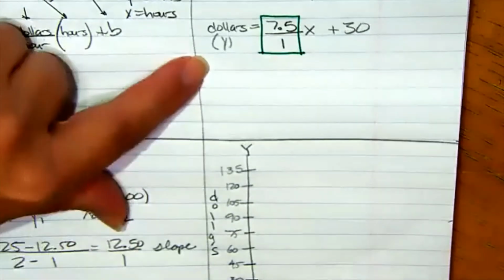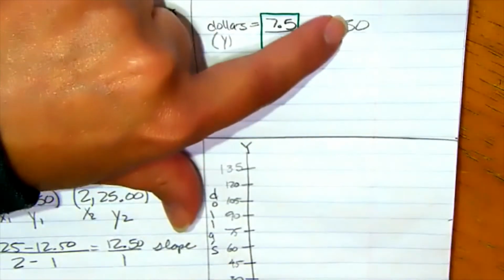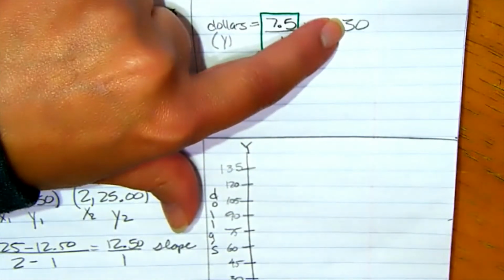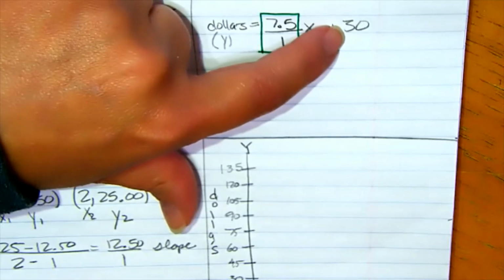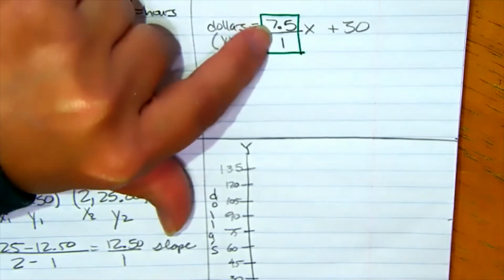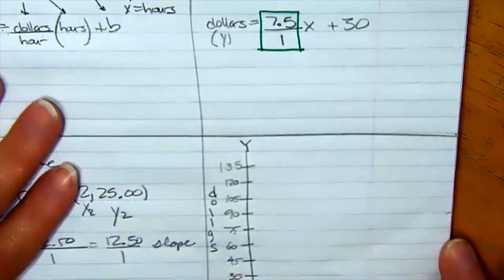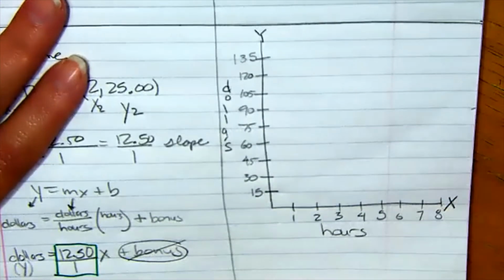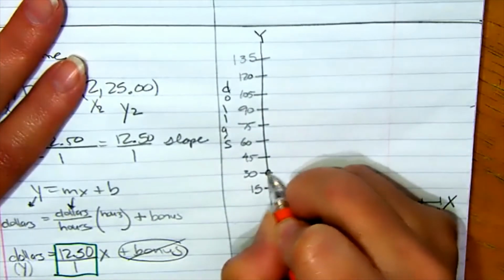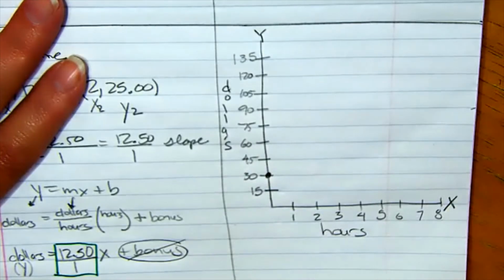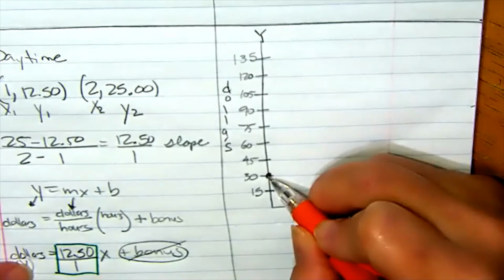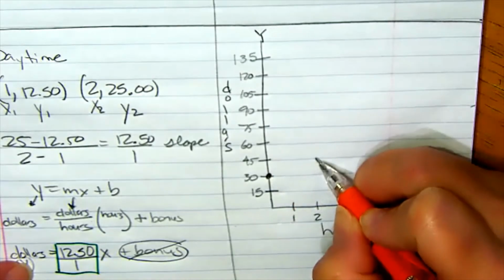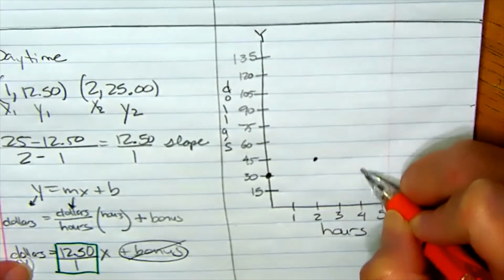Okay, so let's take a look at this equation. My nighttime guys, our y-intercept is 30. They are starting at $30 because they get a $30 bonus. Then they make $7.50 per hour. So they get to start at $30. Then they make $7.50 per hour. So that means every 2 hours, they make $15.